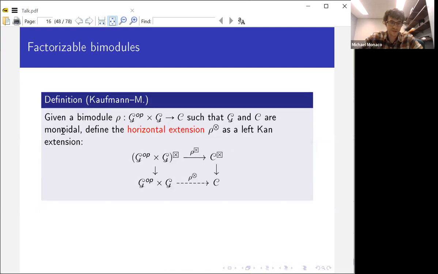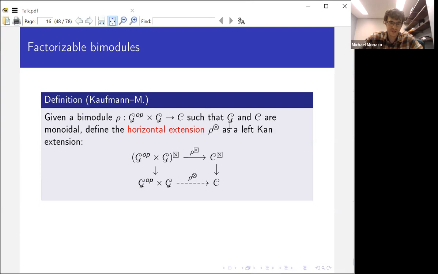Okay, so given a bimodule rho such that the source and the target are both monoidal categories, we can define this horizontal extension as this following left-hand extension.